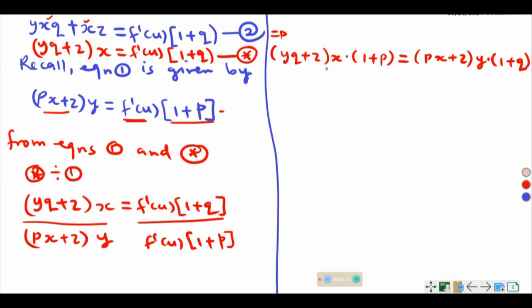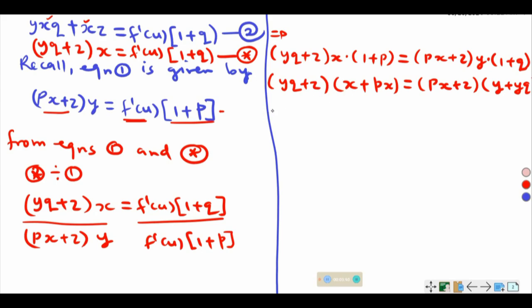So we can try to simplify this expression here. We shall multiply this x here such that we have yq plus z into x plus p of x, which is the same as p of x plus z into y plus yq.